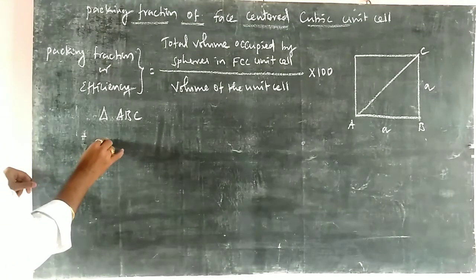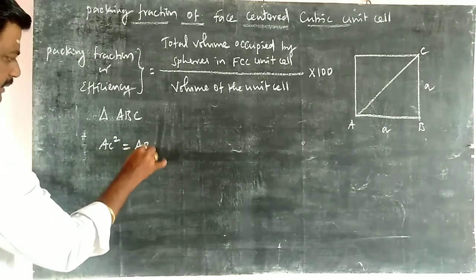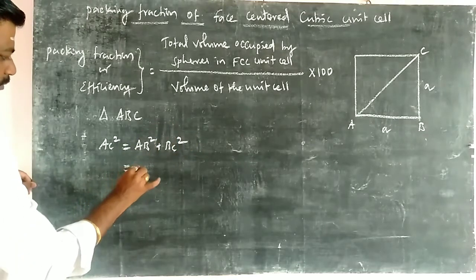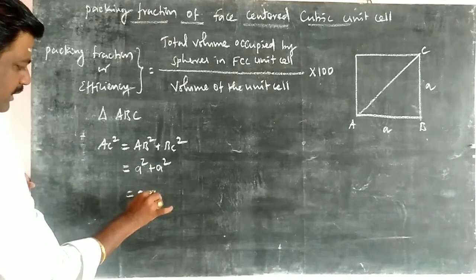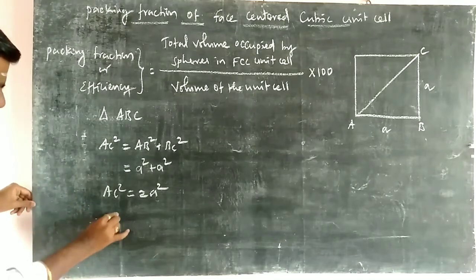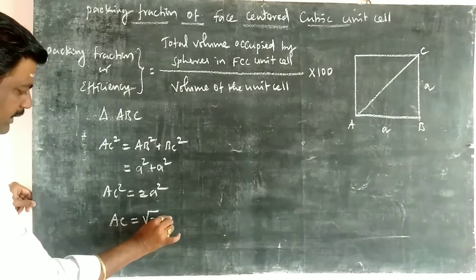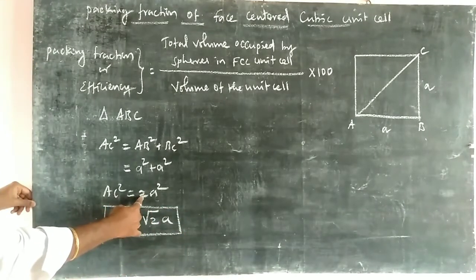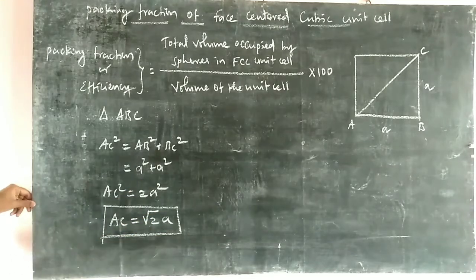So AC square is equal to AB square plus BC square, that is equal to a square plus a square, that is equal to 2a square. Now AC is equal to root 2 a. Root of 2 gives root 2, root of a square gives a.